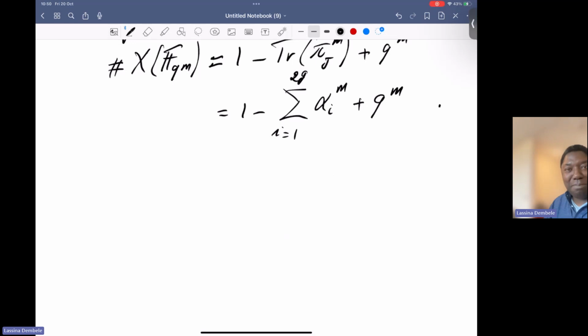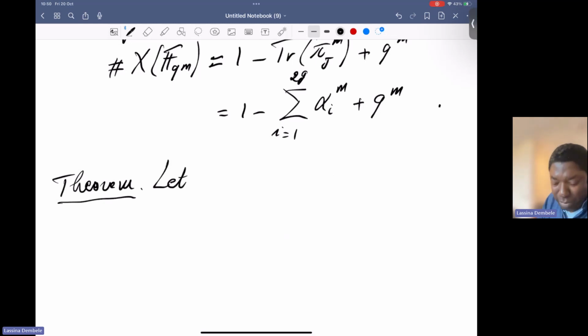Okay. So what does that theorem say? So we keep the same assumption as above. So X is a complete non-singular curve.